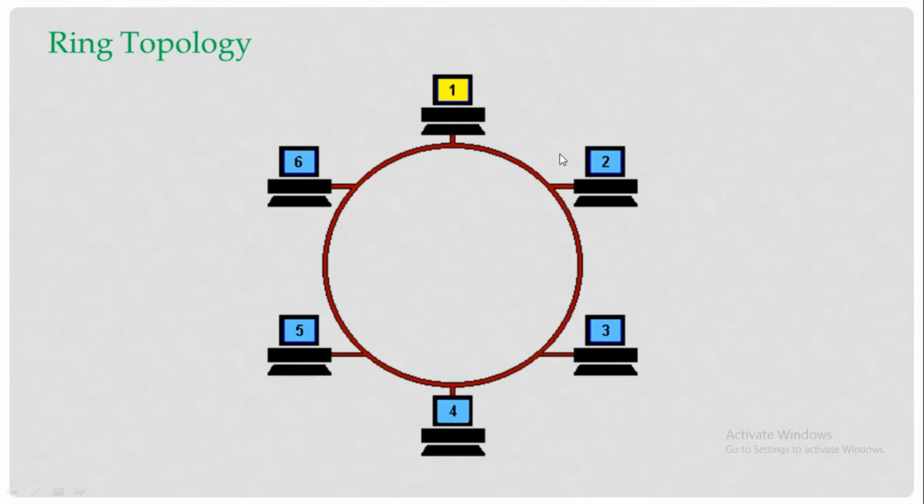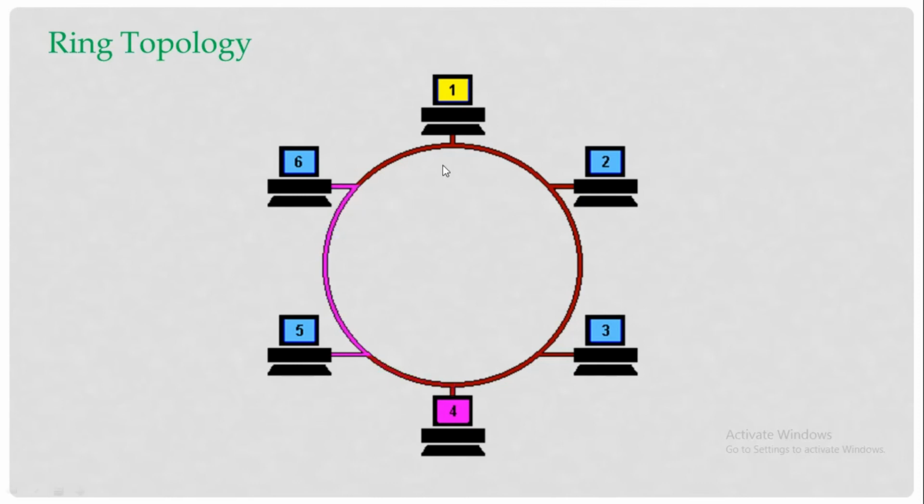If I consider the second system, it should be connected to 1 and 3. The third system should be connected to 2 and 4. The fourth system should be connected to 3 and 5. The fifth system should be connected to 4 and 6 and so on. If you take 100 systems, it can be connected, but the main condition is that each should be connected to two nearby systems in order to form a ring type structure.